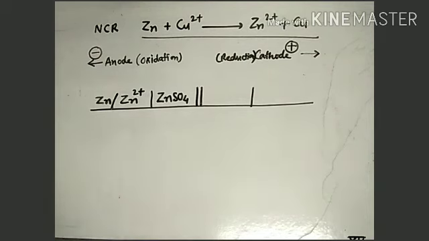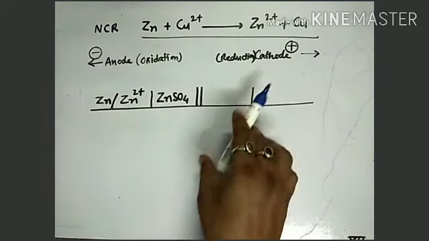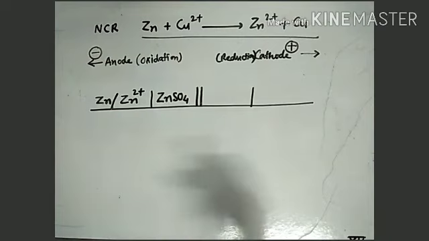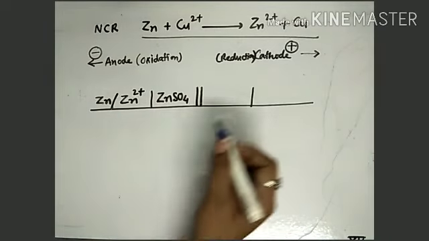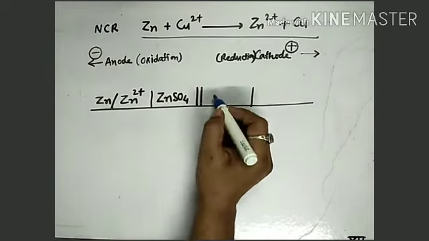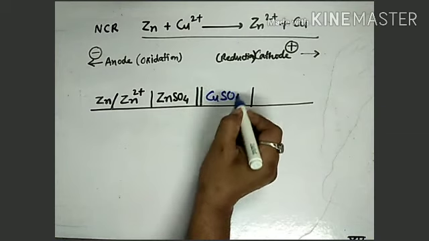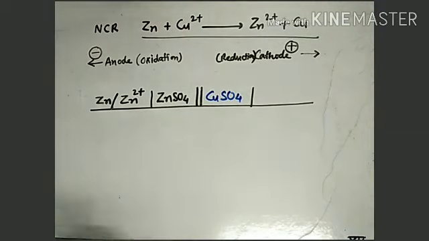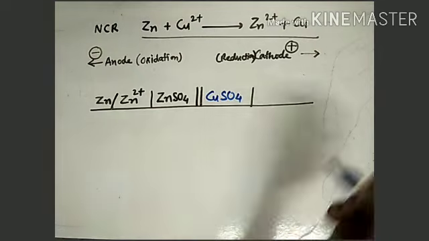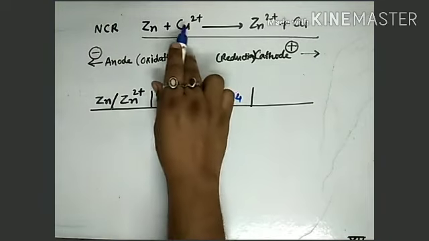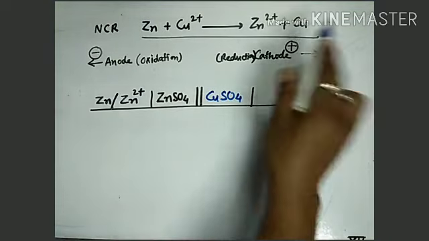Now we move on to the right hand side, where the reduction, that means the cathode reaction, is going on, right? Here we can use the copper sulfate solution, whose molarity can be written as well, and here Cu2 plus plus 2 electrons turn into Cu.